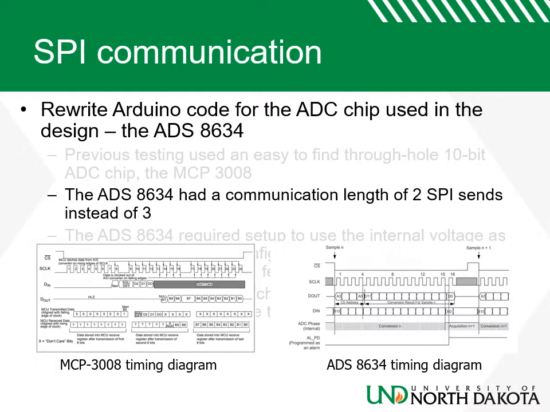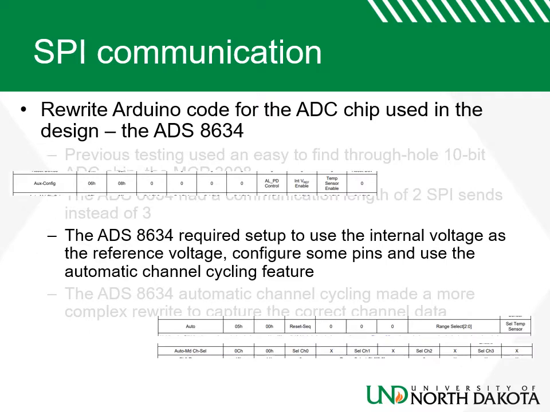The MCP had a 3-send communication and the ADS had a 2-send communication. The ADS chip also required some setup to use the internal voltage as the voltage reference, configure some pins, and use the automatic channel cycling feature.